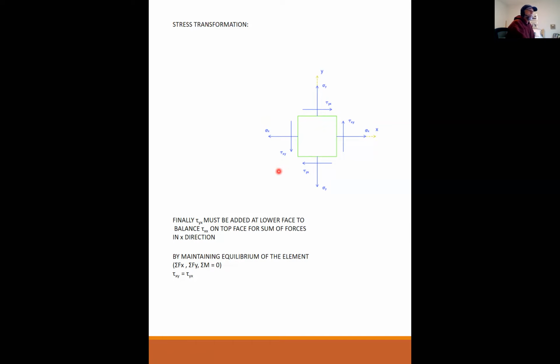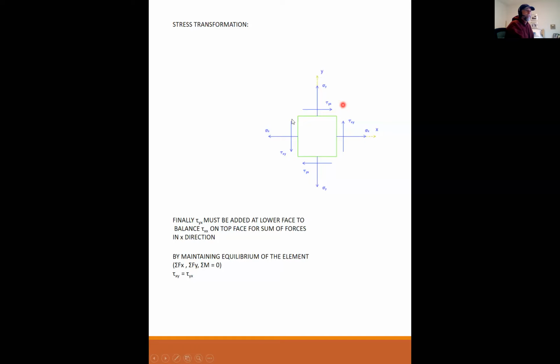Okay, so this is all the possible stresses in this coordinate system. So any stress in any other direction would just be a combination of these stresses here. Sigma y, sigma x, and tau xy, all three of these are independent.